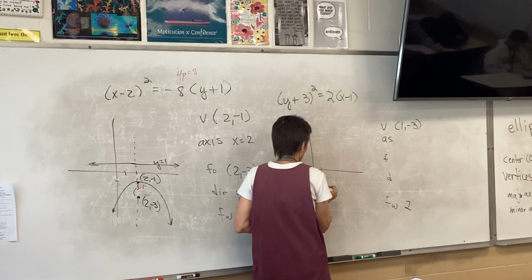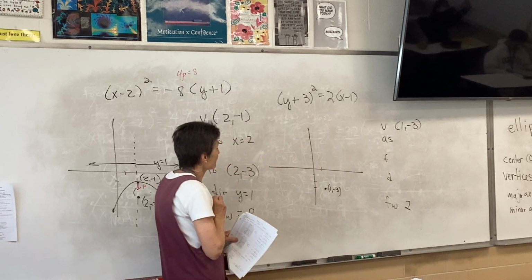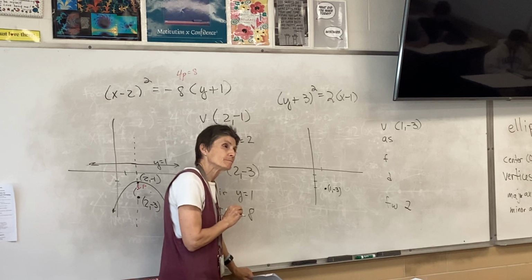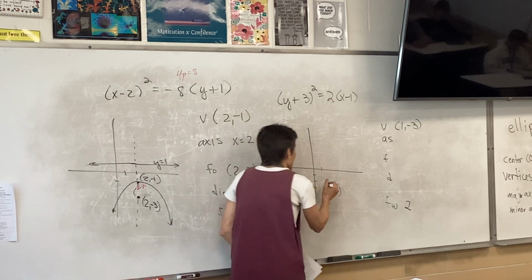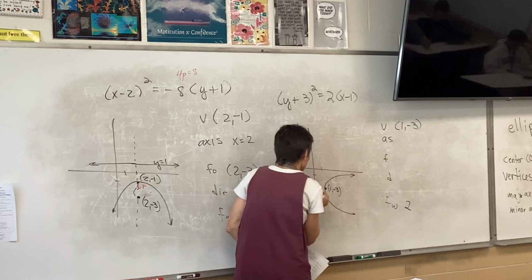1, -3 is my vertex. Which way do I open? Right. Correct. How do I know I open to the right?